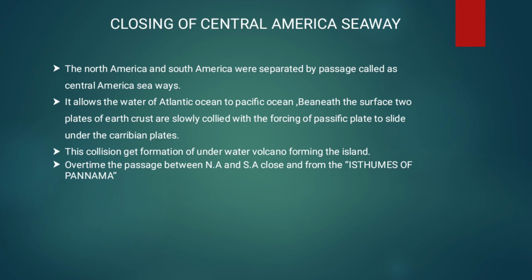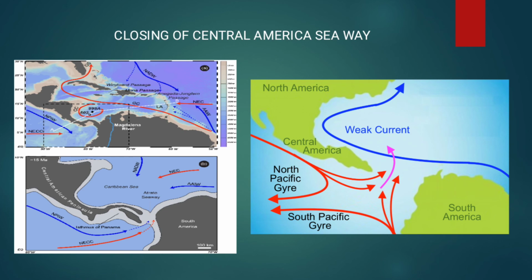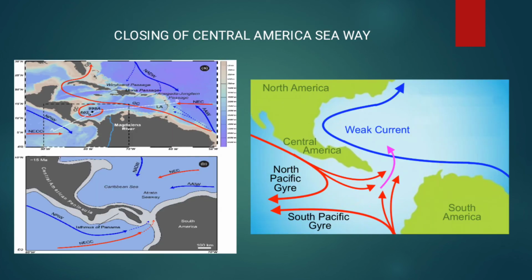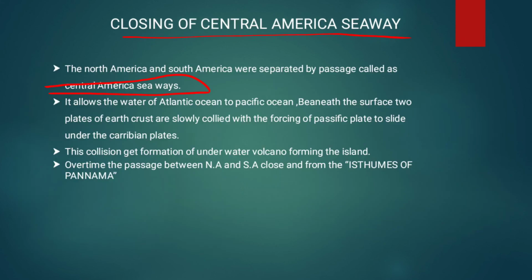Closing of the Isthmus of Panama. It's given as the Central American Seaway, a global example of neotectonics. North America and South America are separated by a passage known as the Central America Seaway. Yes, this is the seaway.